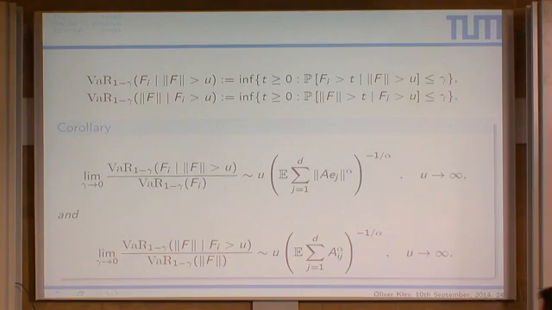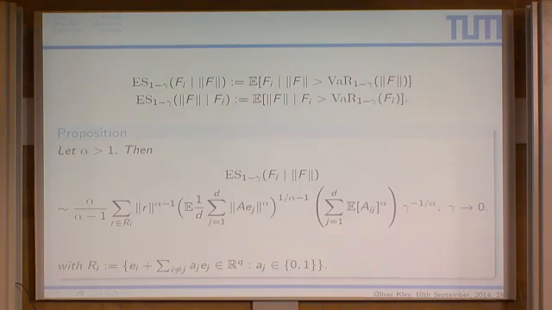Okay. Another thing you can do is define what is maybe called marginal expected shortfall or tail conditional expectation, where you look at the expected shortfall of one agent and condition on that all agents together, the aggregated all agents, face a big loss. And again, you can give asymptotics for the expected shortfall in this setting.